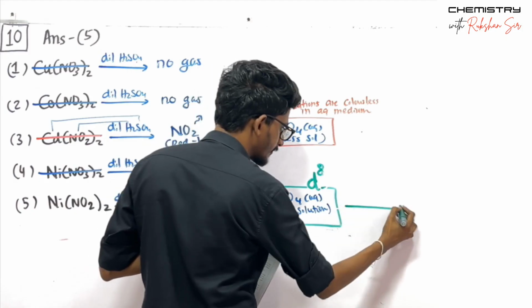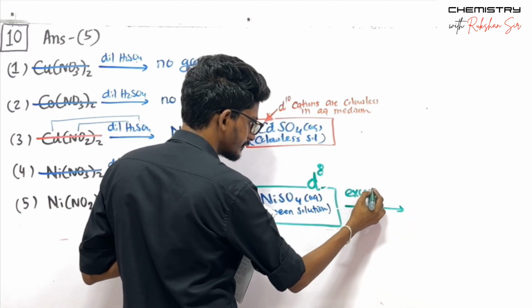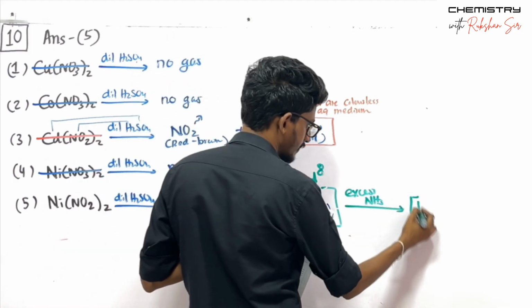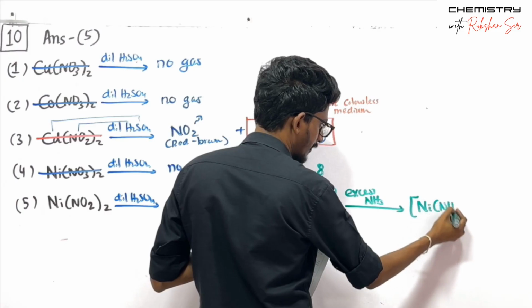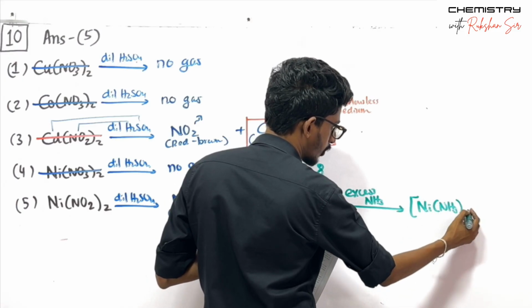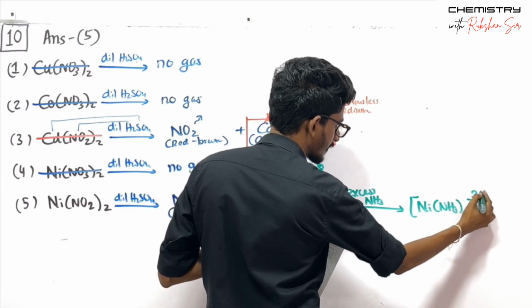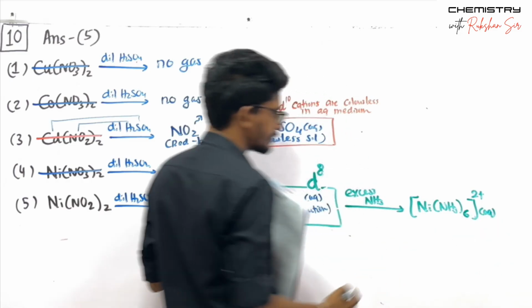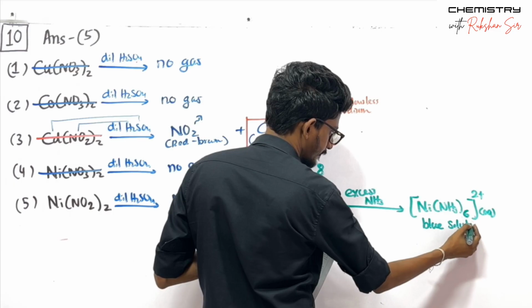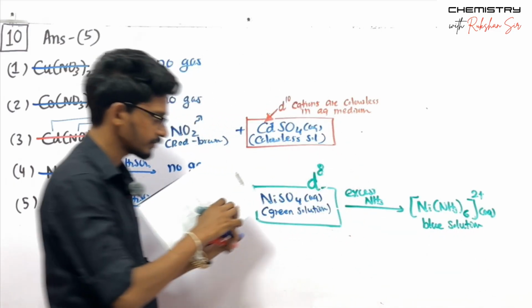So with excess ammonia, an amine complex forms, nickel amine. Cobalt and nickel come up with 6 amine ligands. What is the color? Blue solution.